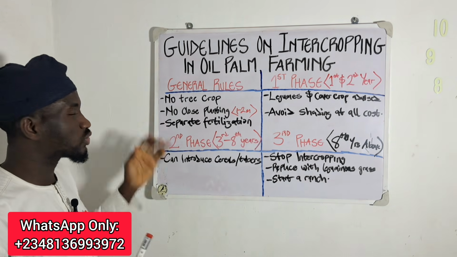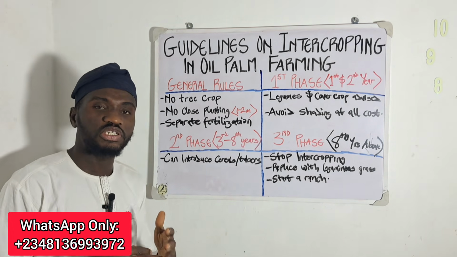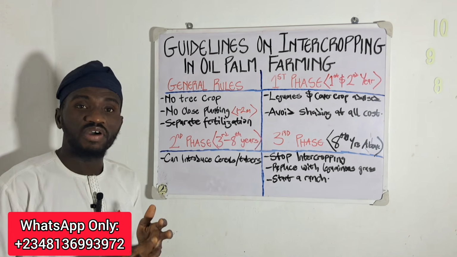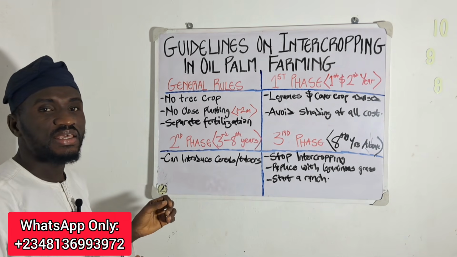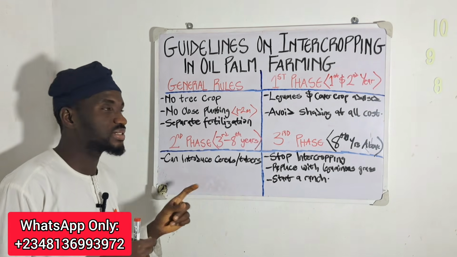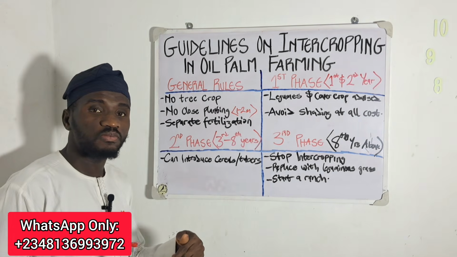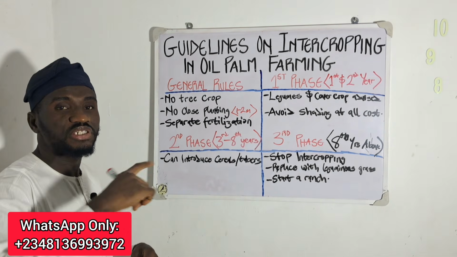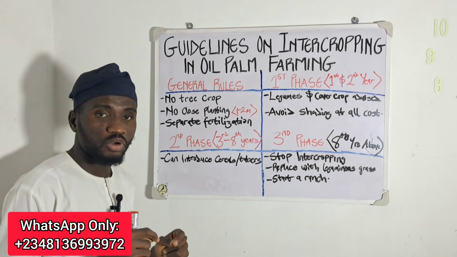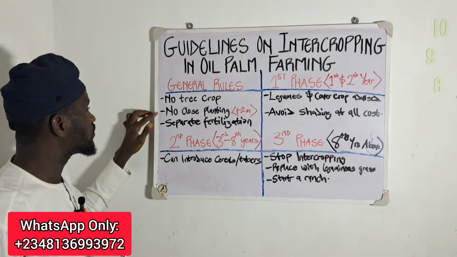Because when you do close planting, there will be competition for nutrients. There will be overshading, and any pest that is affecting your intercrop will also be transferred to your oil palm tree. So you have to be very, very conversant.